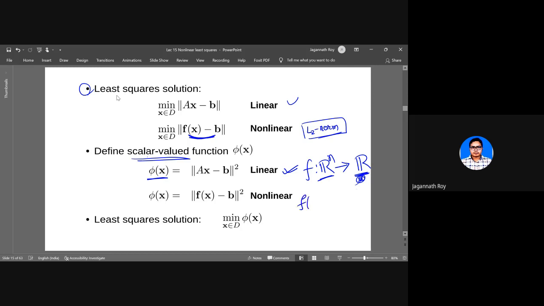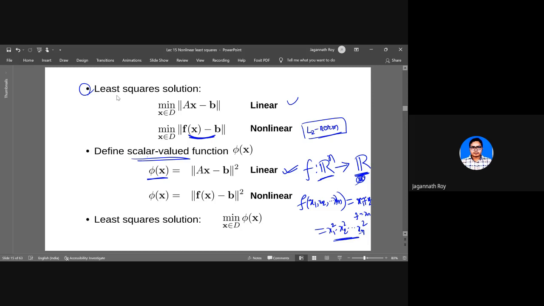Whatever you take, x1, x2 or xn, it should be a single identity, whether it is x1 plus x2 plus xn, or x1 square into x2 square into xn square. This resultant should not be in terms of a tuple. It would be a single quantity. That is the meaning of scalar valued function.